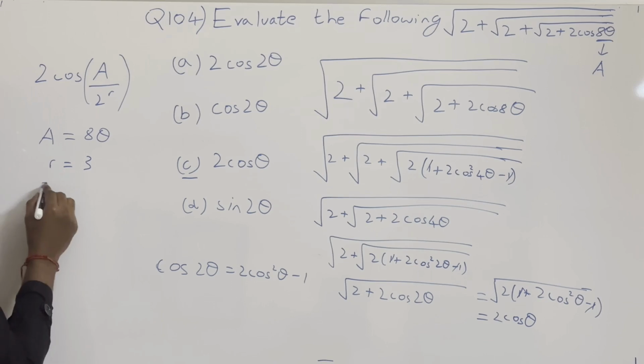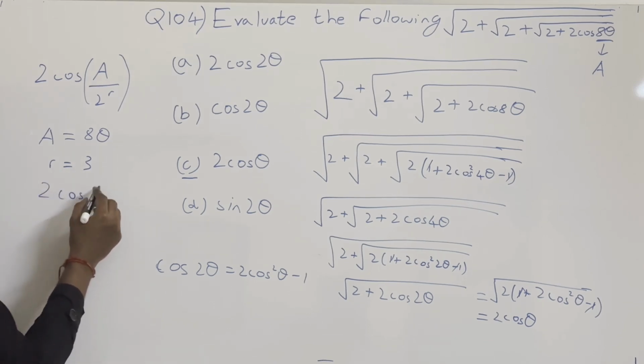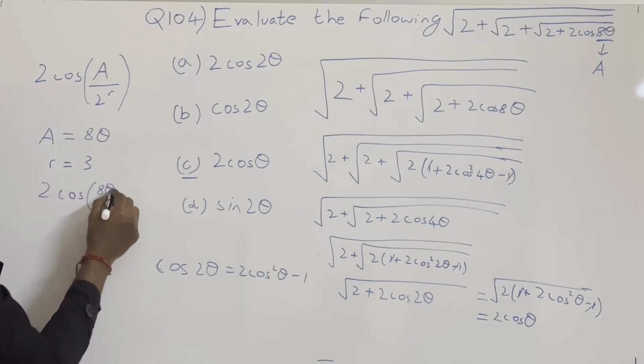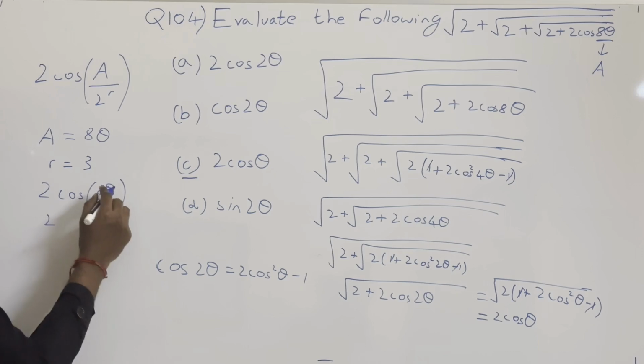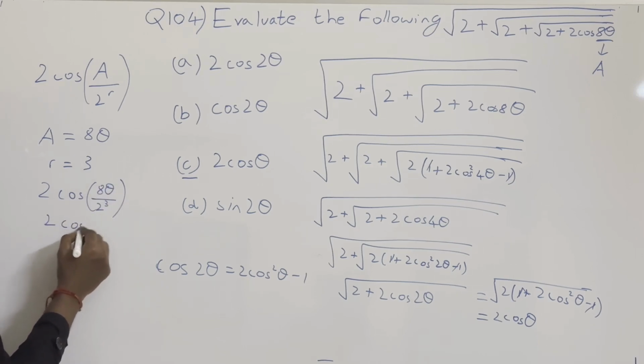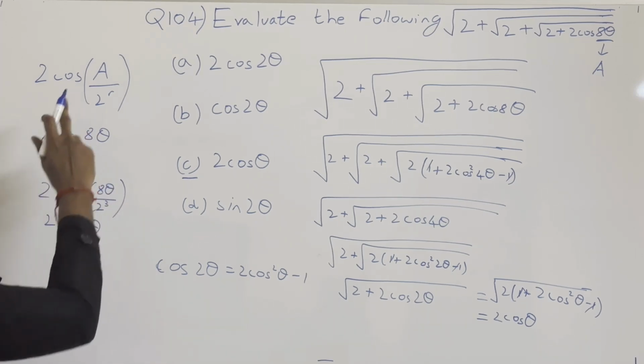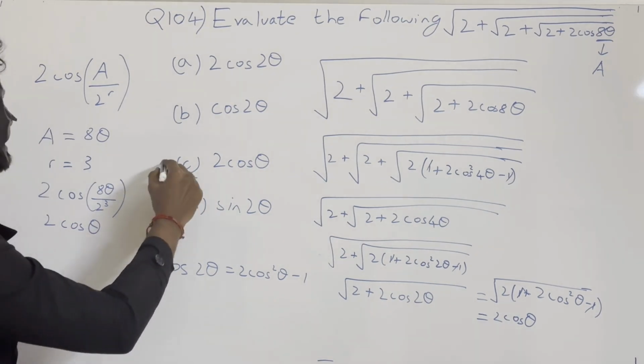So by applying the shortcut formula, we get 2 cos of 8 theta by 2 power 3, that's 2 cos 8 theta by 8, which is nothing but 2 cos theta. So directly using this formula, you can mark option C is right.